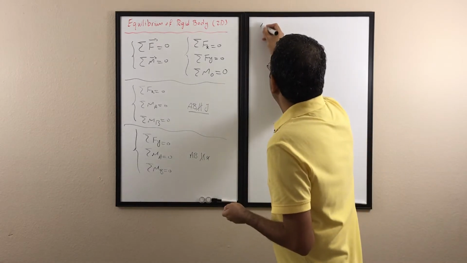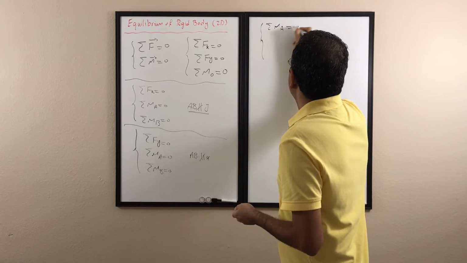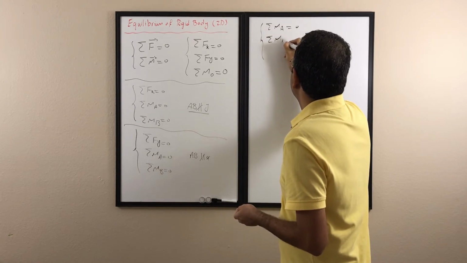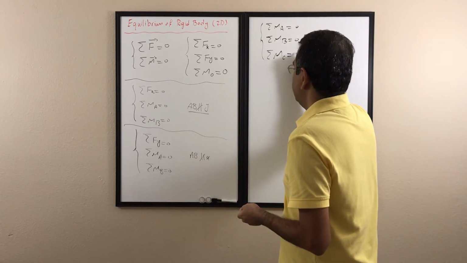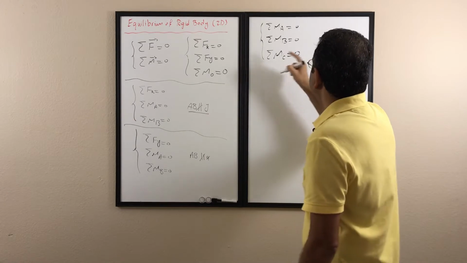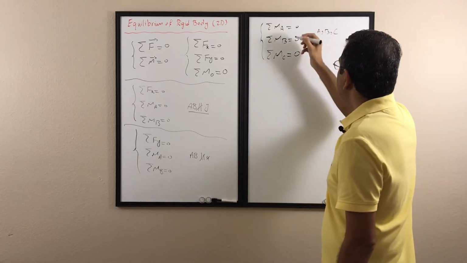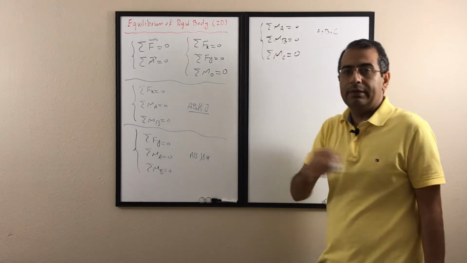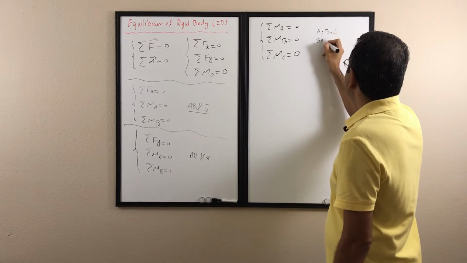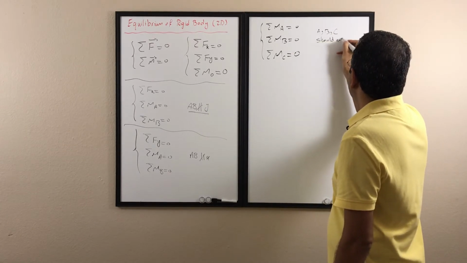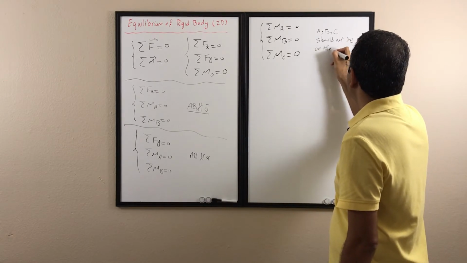This time we write sigma M about A is 0, sigma M about B is 0, and sigma M about C is 0, and A, B, and C can be any three points. The only restriction is that they should not be on the same line.